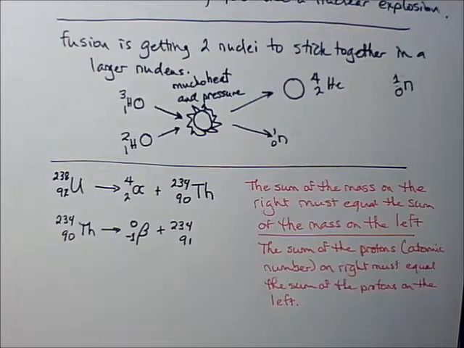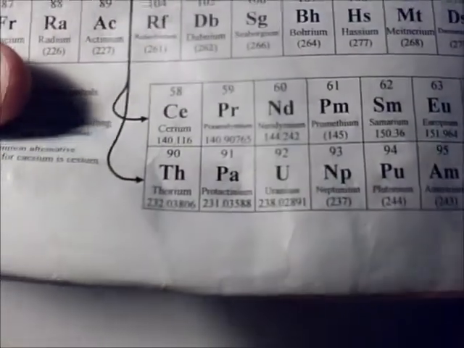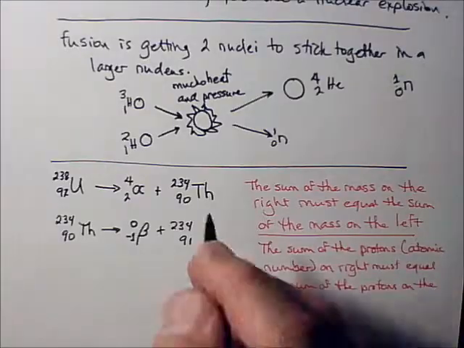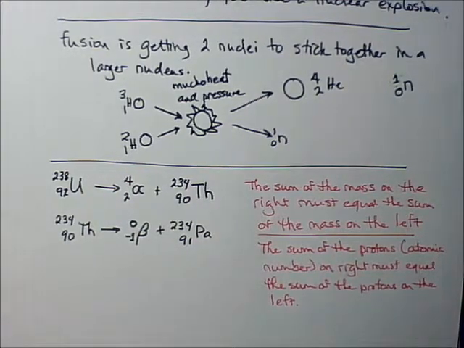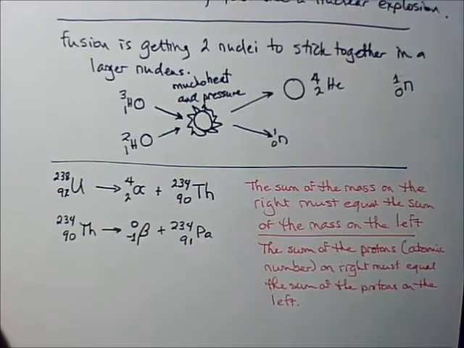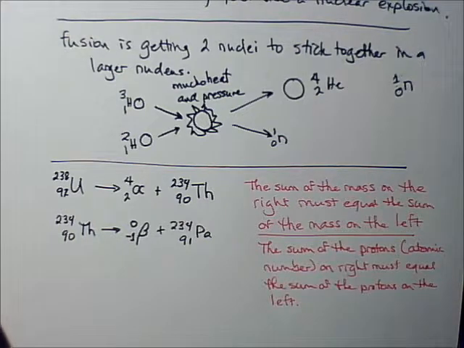So what element has an atomic number of 91? Protactinium. PA. Got that?